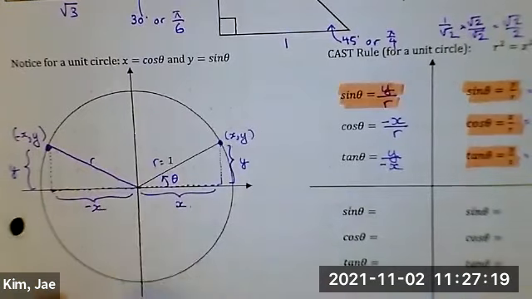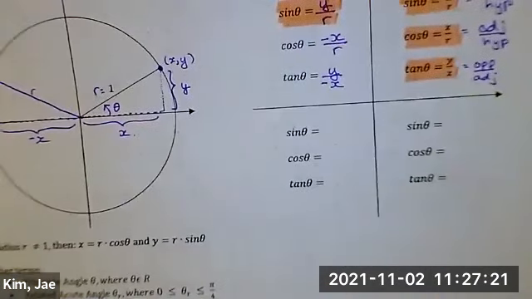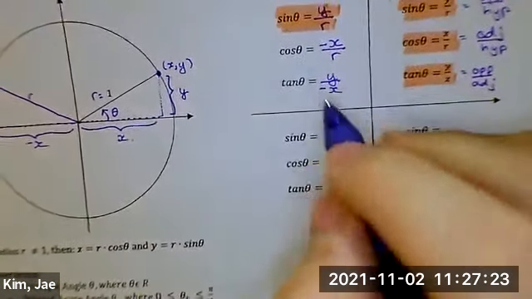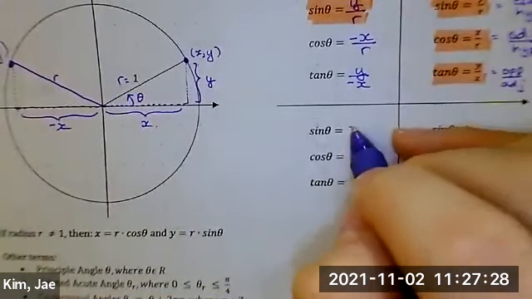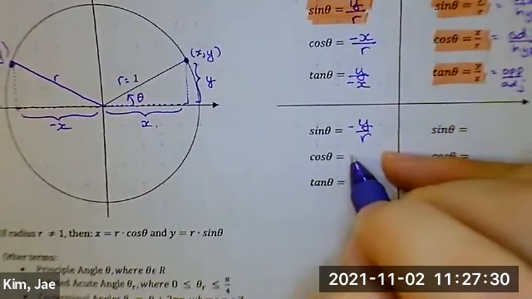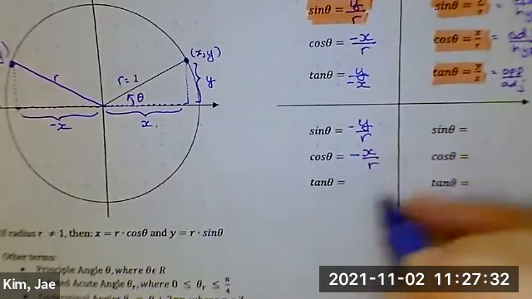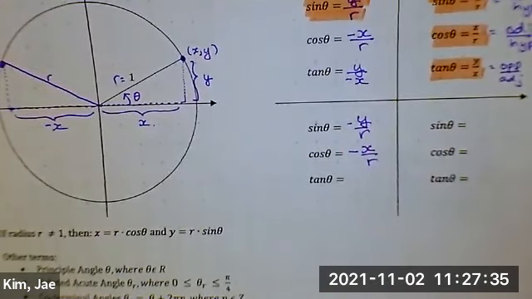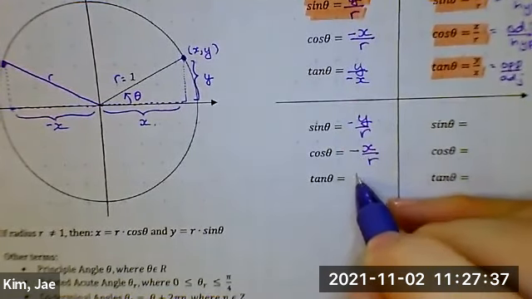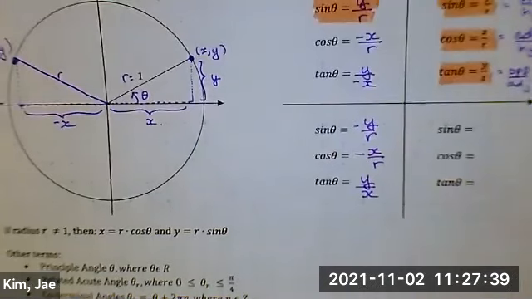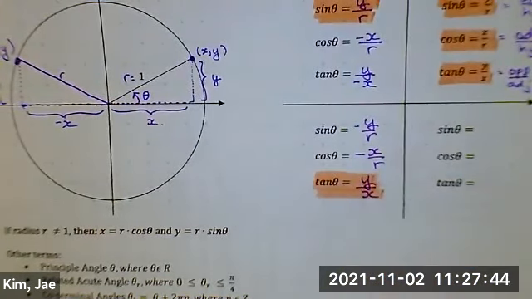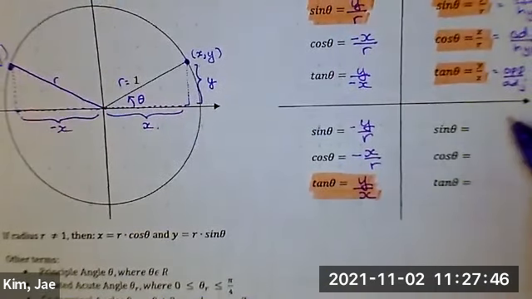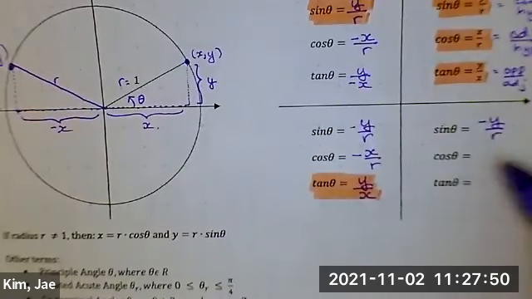Using this same idea, I'm quickly going to fill in this sheet so I can let you go. Sine this time still has a negative y value, so it's negative y over r. X is still negative, it's negative x over r. Tangent is negative y and negative x, which turns into a positive. In the next one, the y value is still negative, so sine is negative y over r.